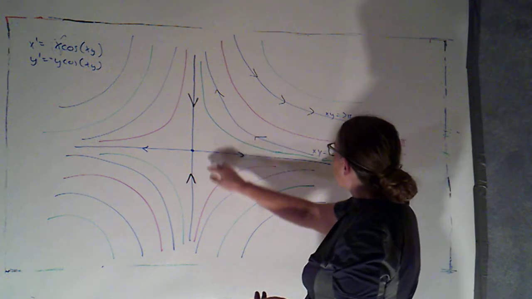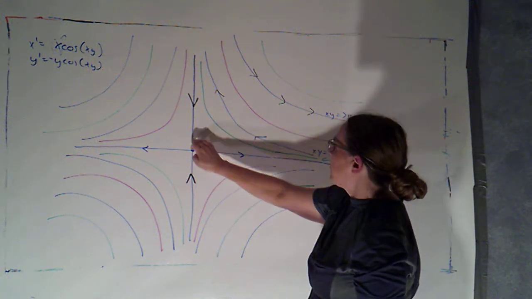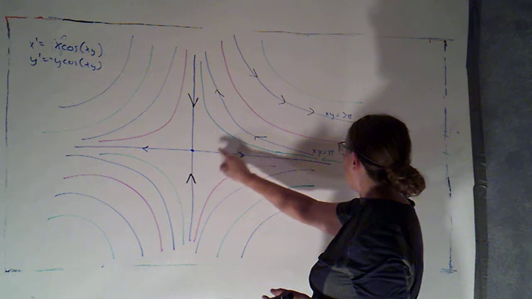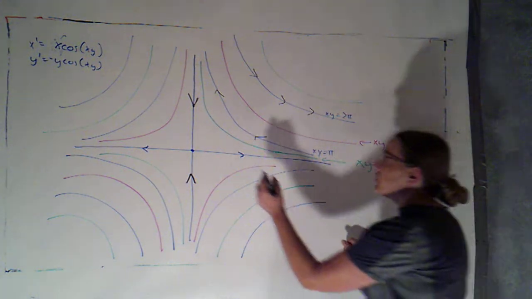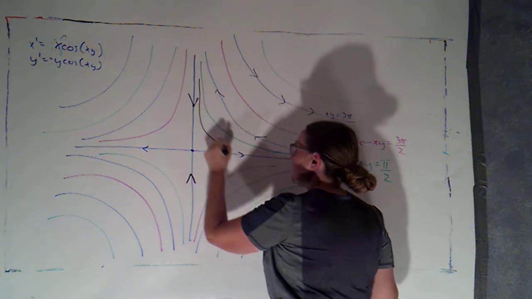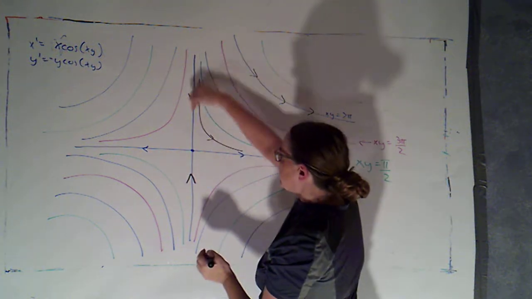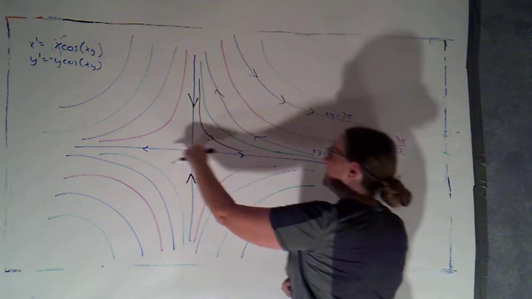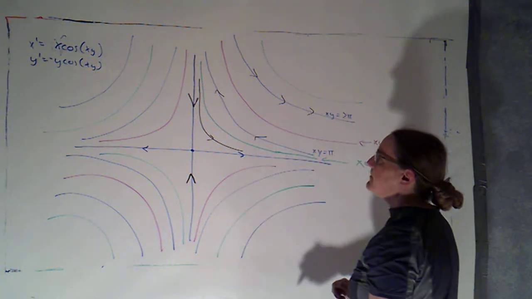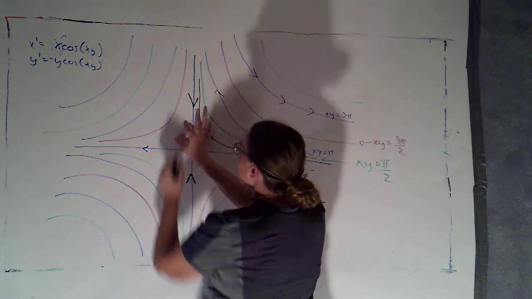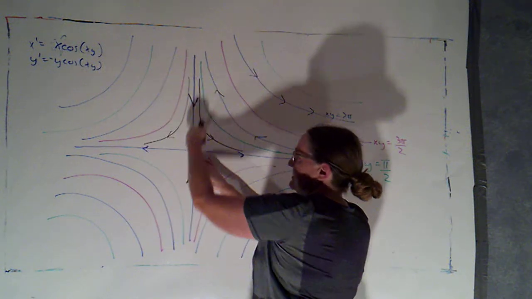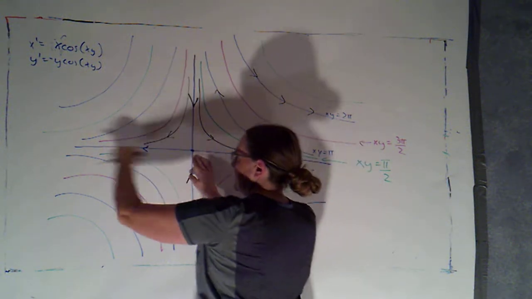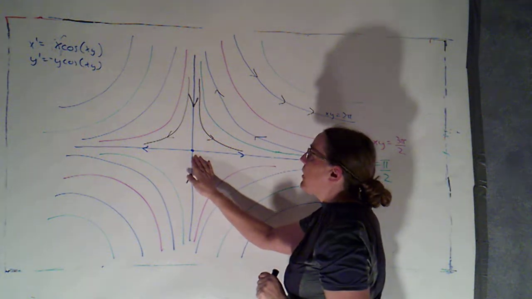Notice here in between these curves, which corresponded to where xy was 0, and this curve, which corresponded to where xy was pi over 2, I would have solution curves that were coming this way. That's going to be consistent with down and to the right. Okay. Over here, we would go down and to the right here to be consistent with these boundary curves that are the x and y axis.